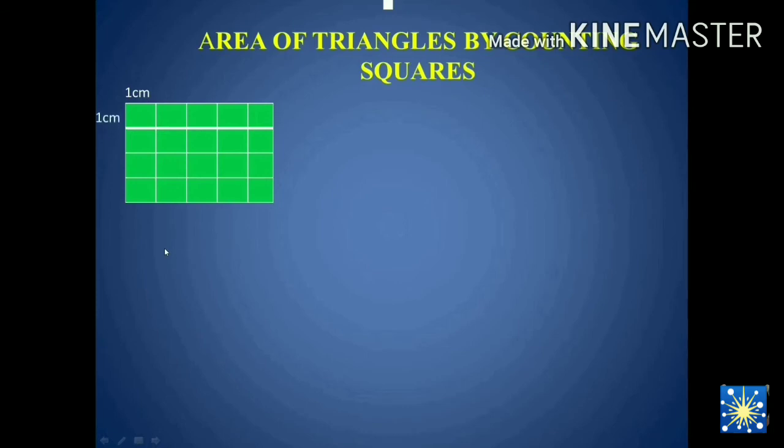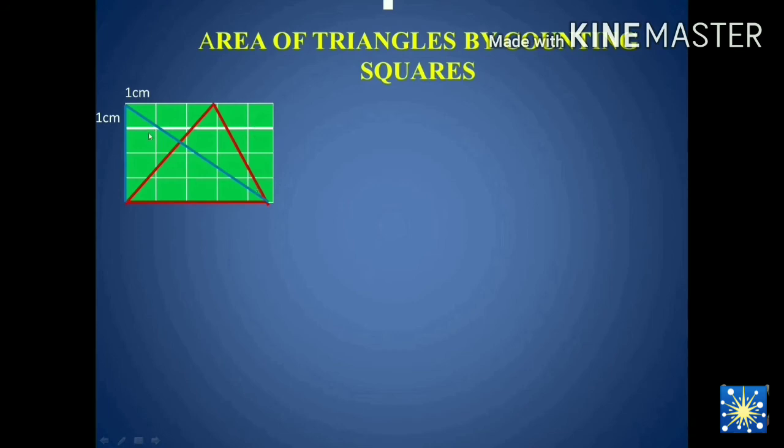Now we draw lines in it to make triangles. Here we have two triangles, blue triangle and a red triangle. Now we calculate the area of this rectangle.